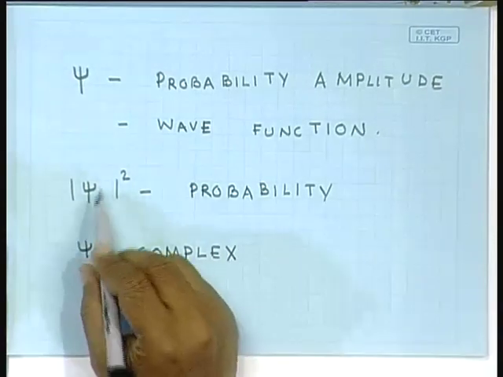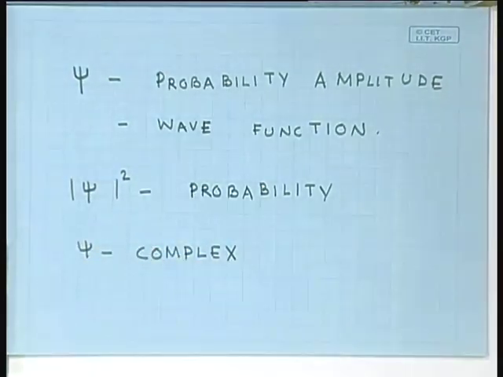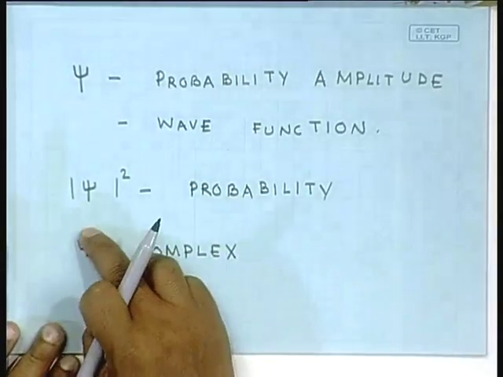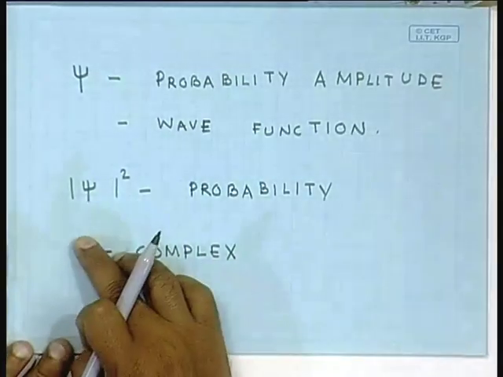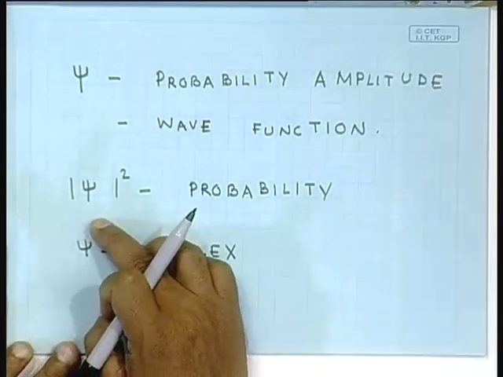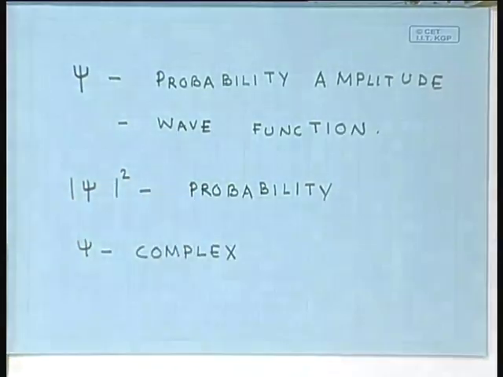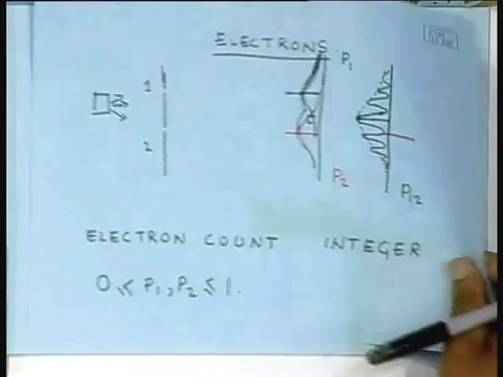But its modulus squared is positive, guaranteed to be greater than 0, and we can always choose an overall constant to make it in the range 0 to 1. So, if we associate this positive number with the probability, then you have an explanation for this phenomenon that you see over here.